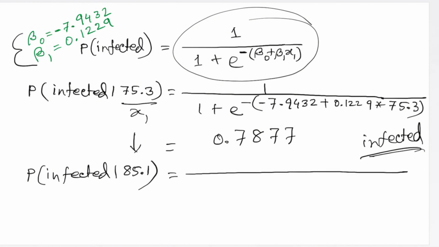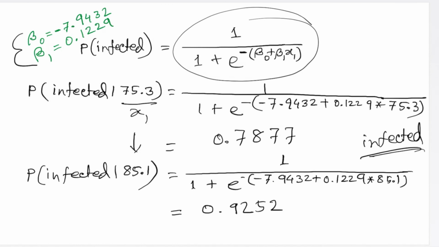But still, let's do the calculation. After we do the calculation, we would see that the probability is quite high, 0.9252. Therefore, the person is infected with coronavirus.